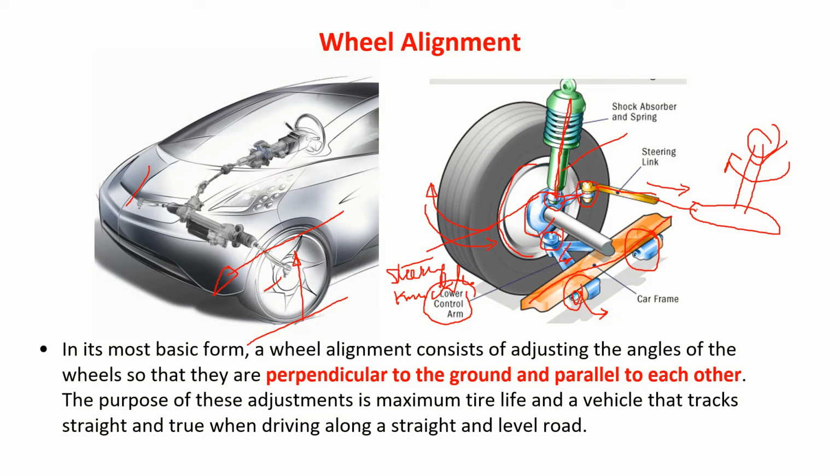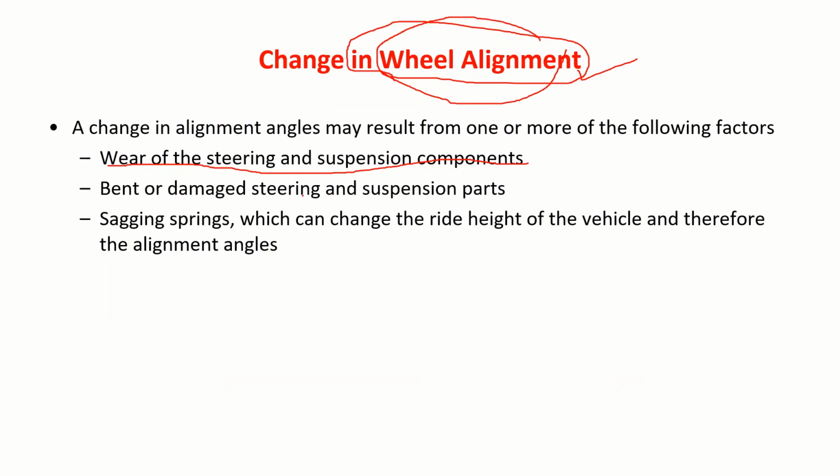Some kind of play might creep in. Same here also. Or due to some reason, these linkages may get damaged, and wear and tear of the tire might happen. Because of all these reasons, wear of the steering and suspension components, bent or damaged steering or suspension parts, or sagging springs which can change the ride height of the vehicle, the alignment angles may change.